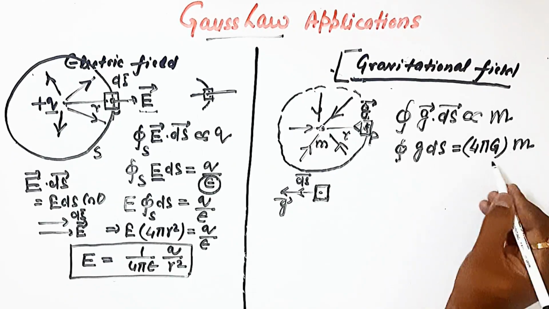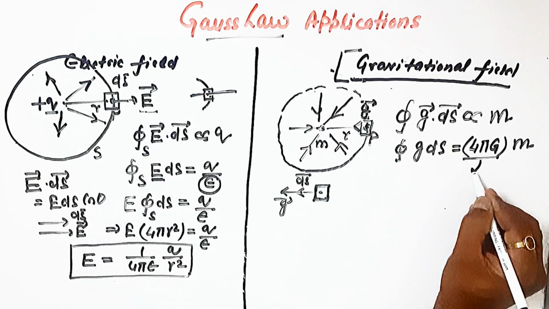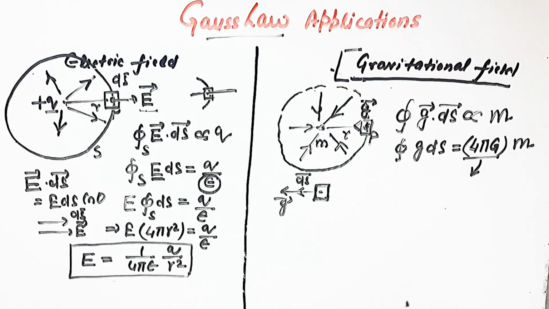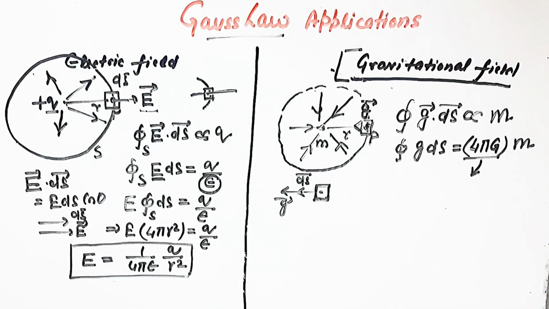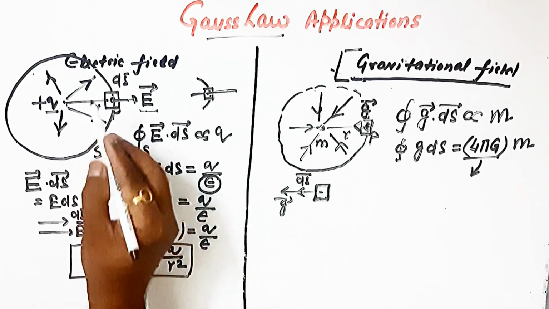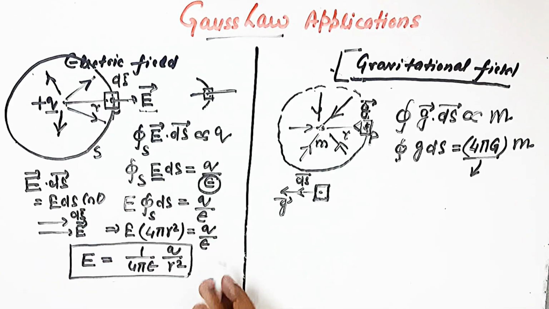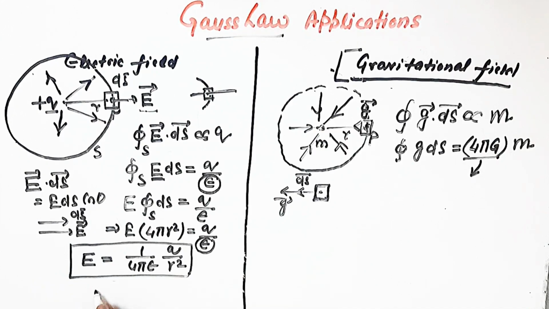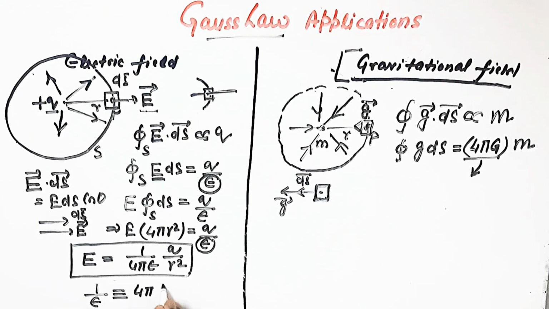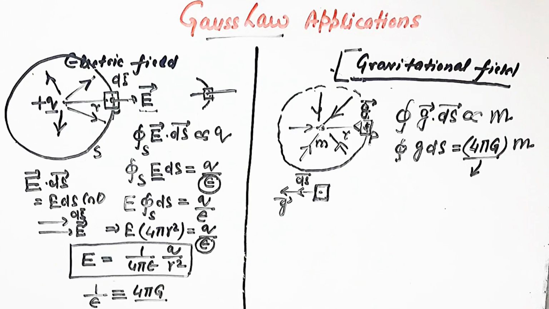So you see the difference. In gravitational field, the constant of equality will be 4 pi G, where capital G is the universal gravitation constant. In electrostatic field, the proportionality constant is 1 by epsilon. So what does it conclude? 1 by epsilon is equivalent to 4 pi G in gravitational field.